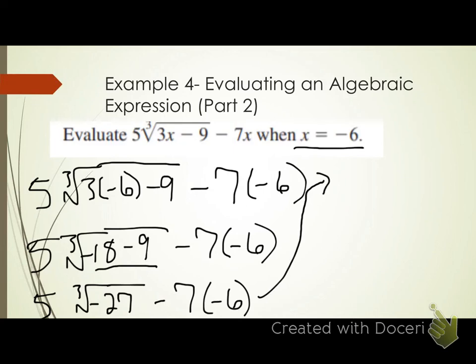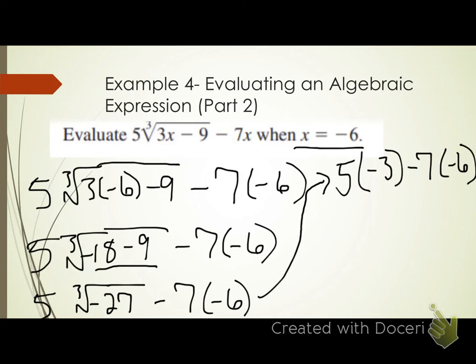Now I can take my cube root because I just have one number under my radical. So 5 times the cube root of -27 would be -3 minus 7 times -6.